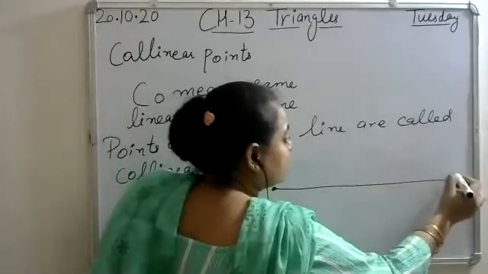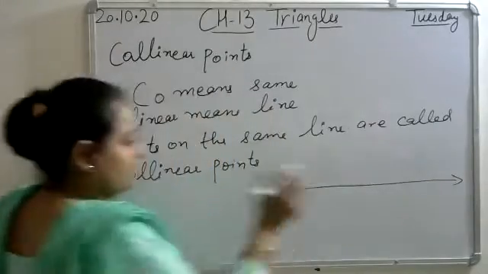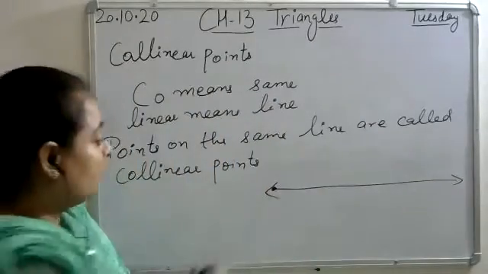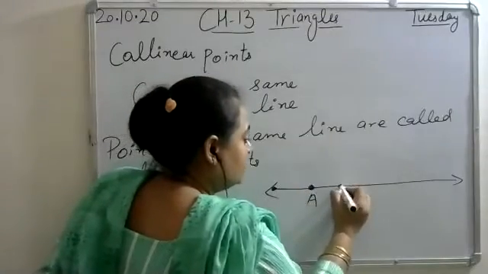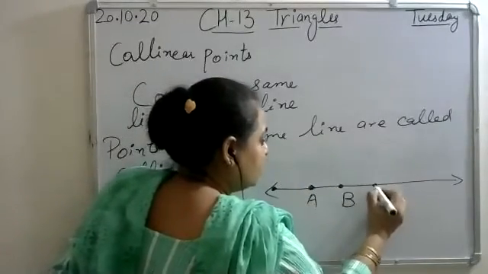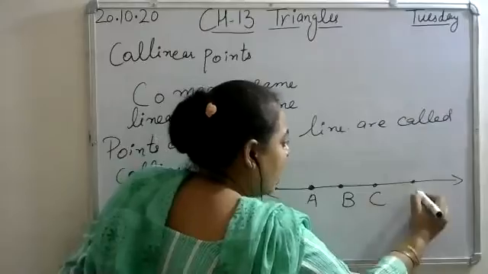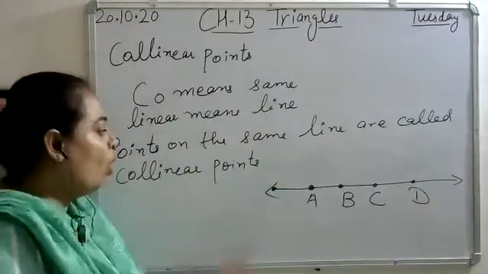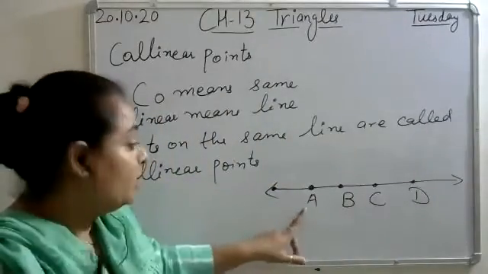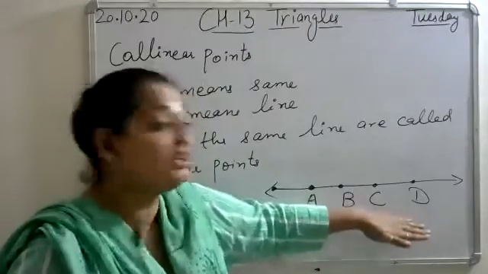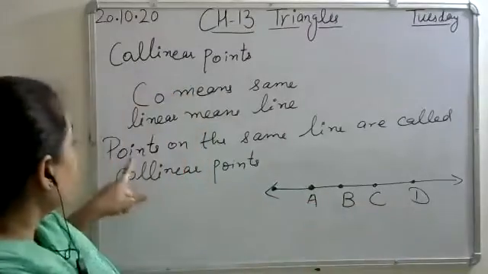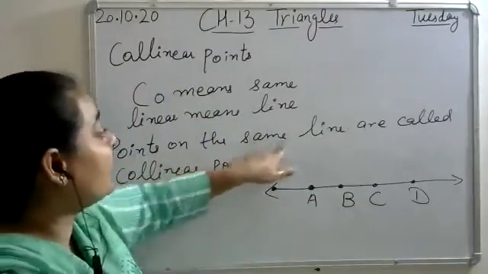Let us suppose this is a line. Take A, B, C and D on this line. So these are points on the same line.